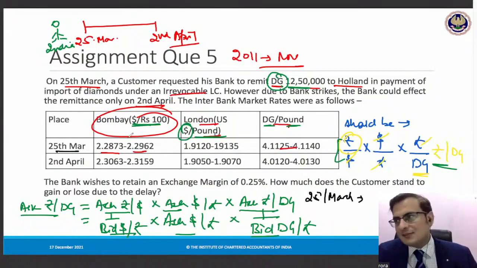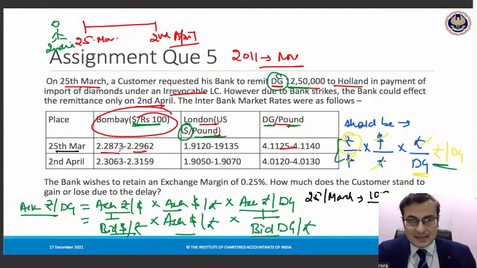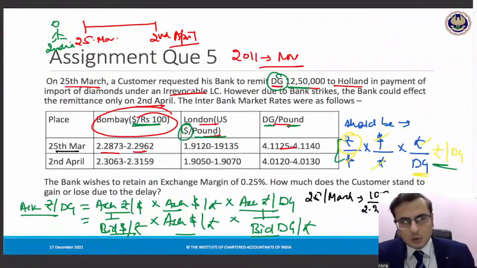So how do we solve this in the exam, beta? Because this is in per 100, 100 divided by which rate? Now I have to take the bid rate. 2.2873.